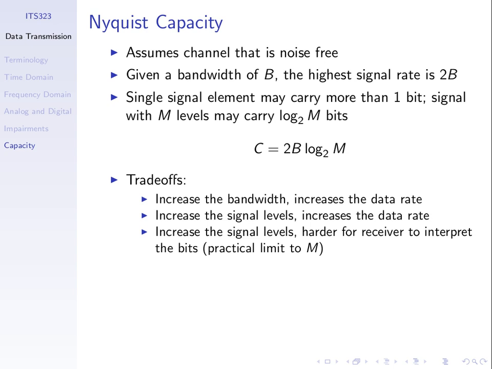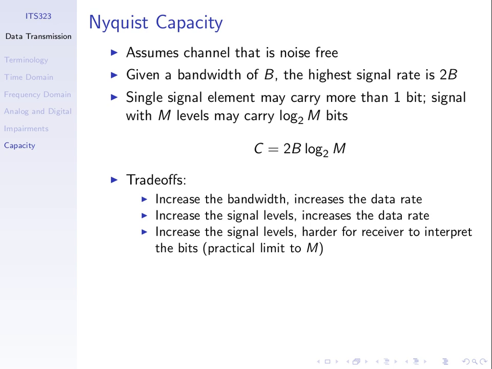From the equation, of course, we see that if you make the bandwidth bigger, you make the data rate bigger. Bandwidth goes up, data rate goes up. Also, if you increase M, if you increase the number of signal levels from 2 up to 4, the data rate goes up. That's the good thing. To make your data rate higher, increase the bandwidth and/or increase the number of signal levels.